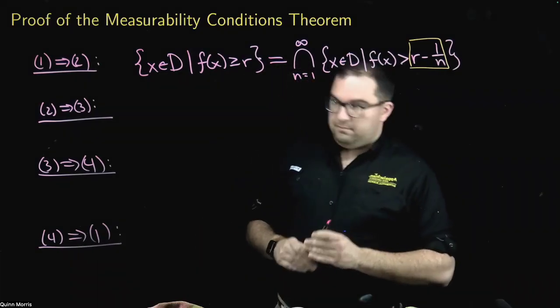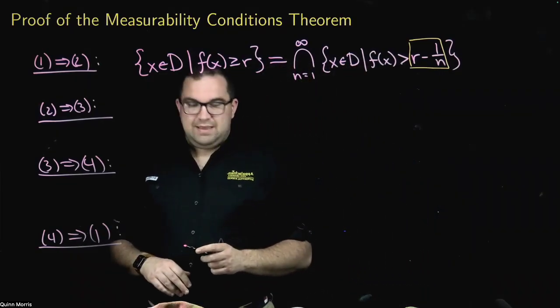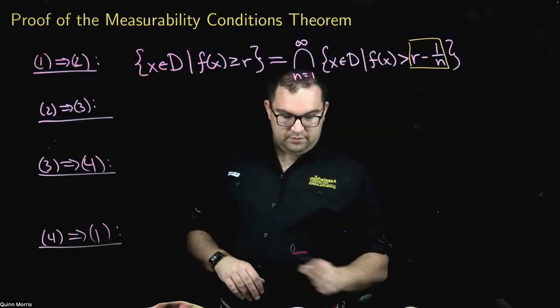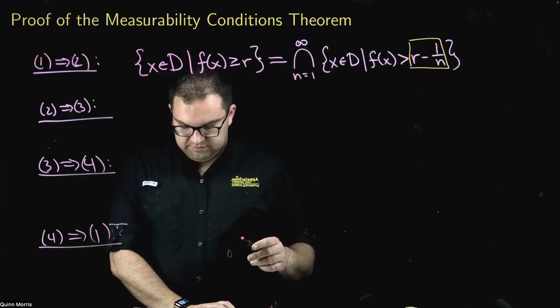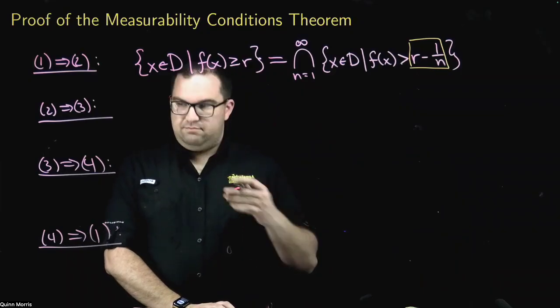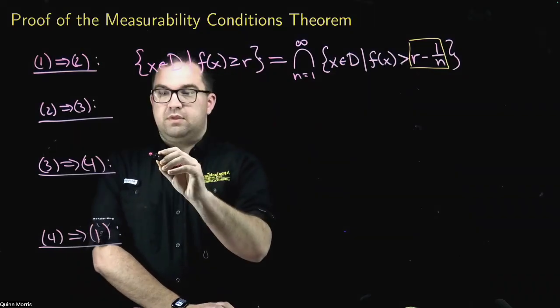Okay. Now we can make a very similar argument for 3 implies 4. So I'm going to jump to 3 implies 4 because the idea is essentially the same.